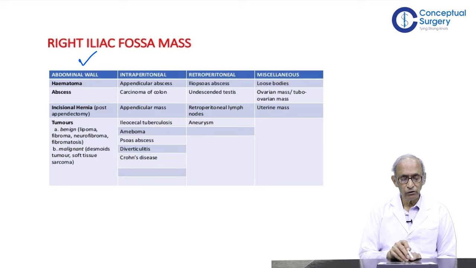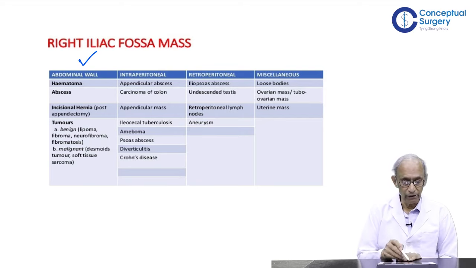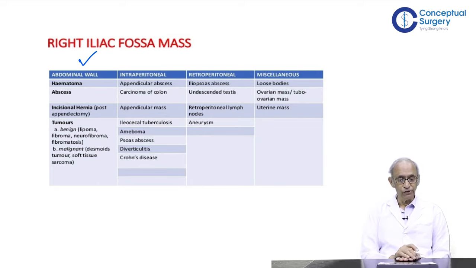On the other hand, when you go inside, these are the various things which I have already mentioned to you. Appendicular abscess, carcinoma colon, appendicular mass, ileocecal tuberculosis, amoeboma, which I have not mentioned earlier. Amoebomas can also be here. Psoas abscess. Diverticulitis, not very common in India, but a perforated diverticulum can present as a mass, and Crohn's disease.